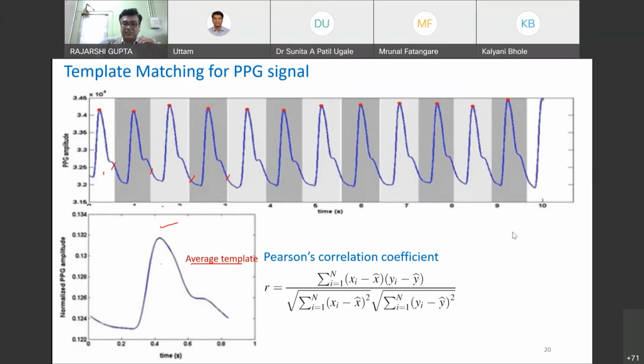So that is also possible. The essence of template matching is that you delineate the beats, then you align them with respect to some fiducial point. The most common choice is the R peak, or the systolic peak of the PPG.